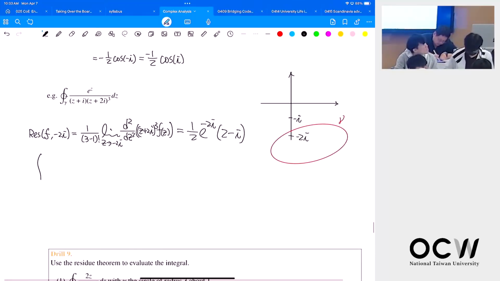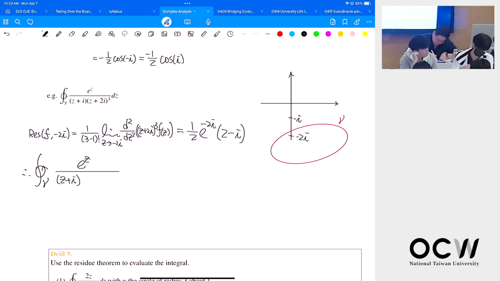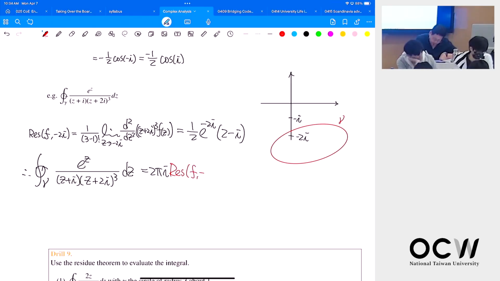Then your circular integration will be 2 pi i times the residue of your function at z equals minus 2i. That is pi i (2 minus i) e to the minus 2i.